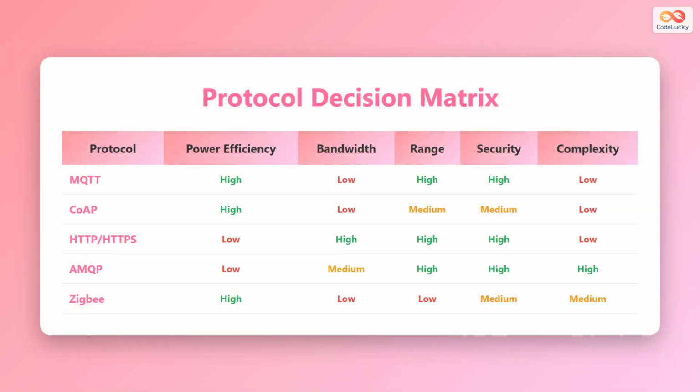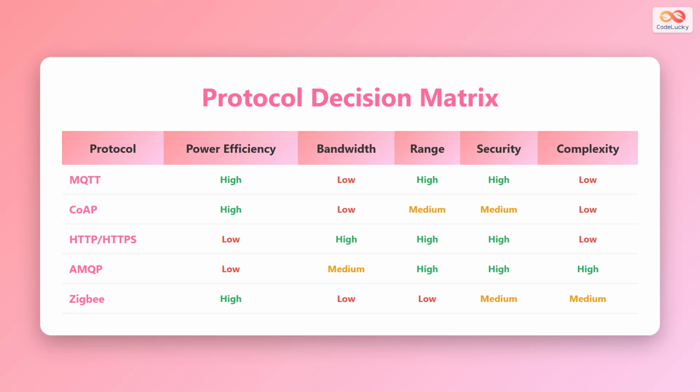The decision matrix provides a clear comparison across protocols. MQTT offers high power efficiency, low bandwidth usage, high range, high security, and low complexity. CoAP also provides high power efficiency and low bandwidth with medium range, medium security, and low complexity.